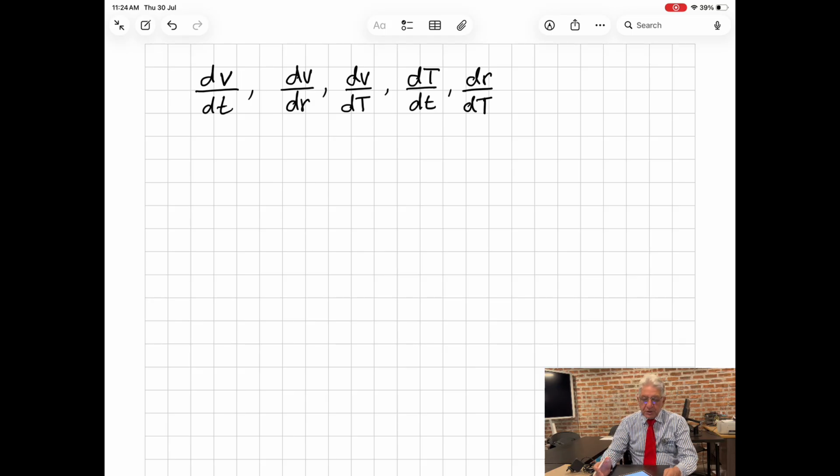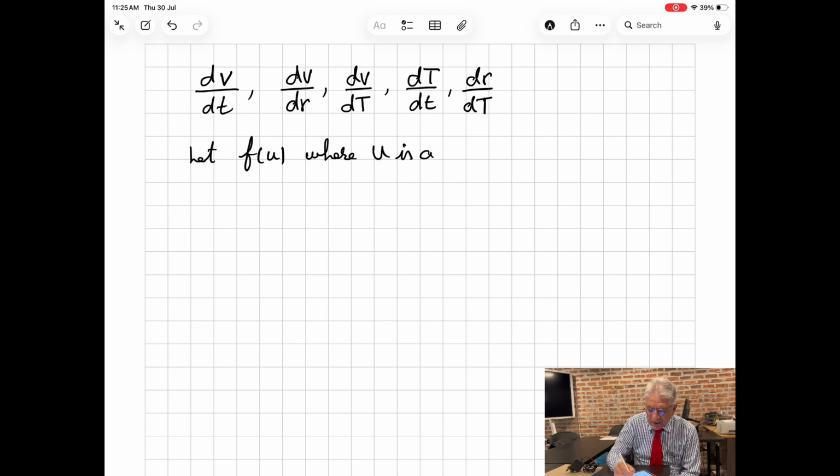Now, let us put it in some mathematical notation. What is the connection between these rate of changes? Now, let f be a function of u, where u is a function of x. Now, as x changes, u changes. As u changes, this f changes.